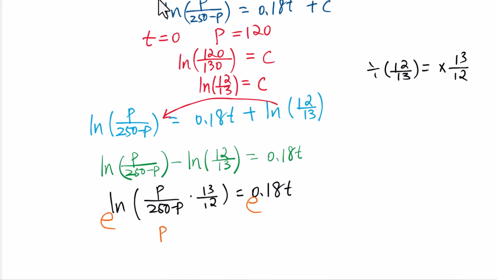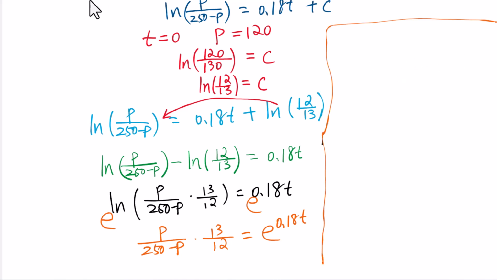We got P over (250 minus P) times 13 over 12 equals e to the power of 0.18t. So we get P over (250 minus P) equals, dividing by 13 over 12 on both sides, 12 over 13 e to the power of 0.18t.